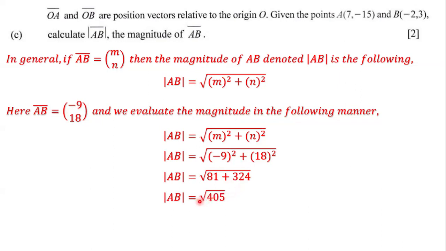And so the magnitude of AB is the square root of 405, which is 20.1246118. Next, we write this correct to 2 decimal places. We pay close attention to the third decimal digit: it is less than 5, so we cannot round up. So AB is 20.12, correct to 2 decimal places. And that's our answer to this question.